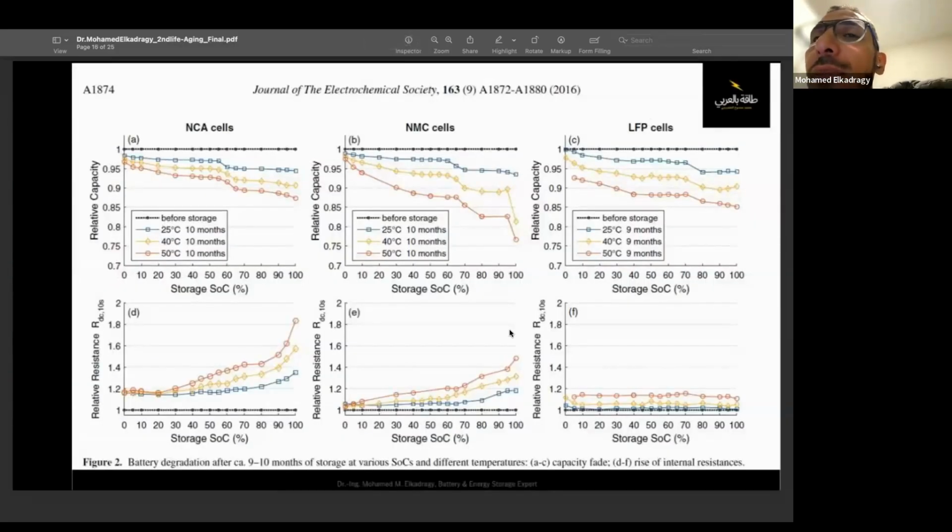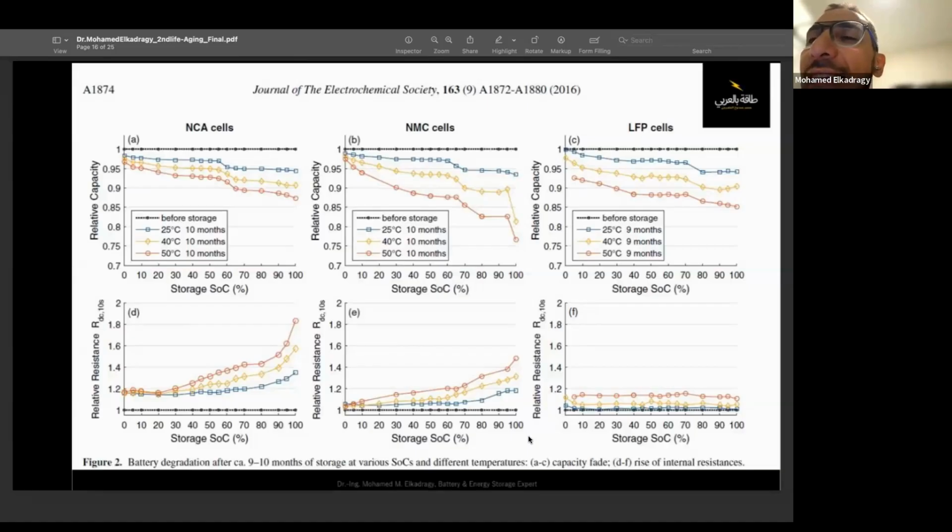As we all know, I will not get into the details of the graph here, but different chemistries have different ways of degradation and different ways of reacting to different storage temperatures.